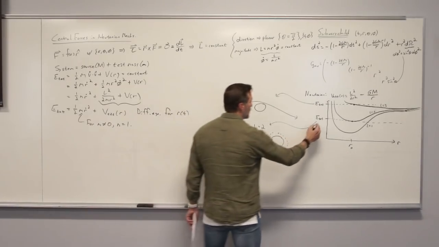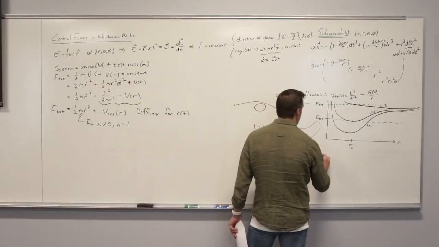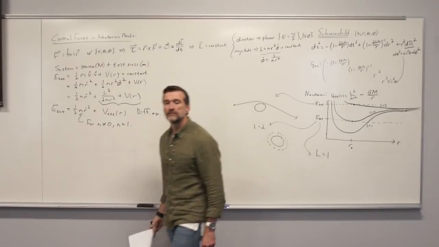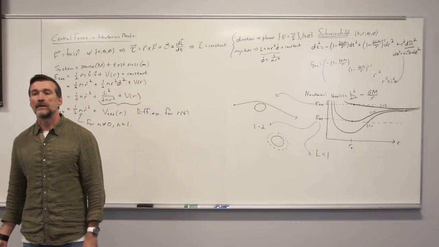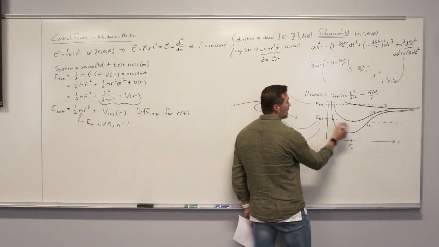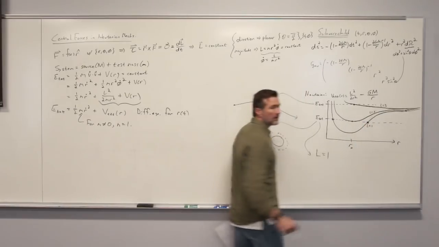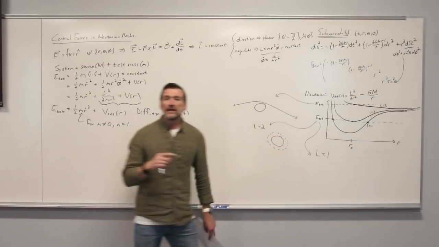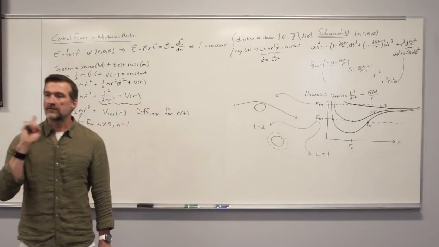Okay? What if I take this and I am actually giving the object the L equals 1 angular momentum? Elliptical orbit. You're bound between these two radii, and you just oscillate back and forth between them. Now, this is just the radial part of the motion.